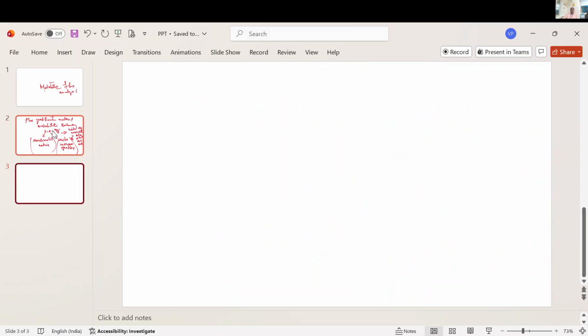So we need to form a reaction. It is going to be a cycle of reaction.